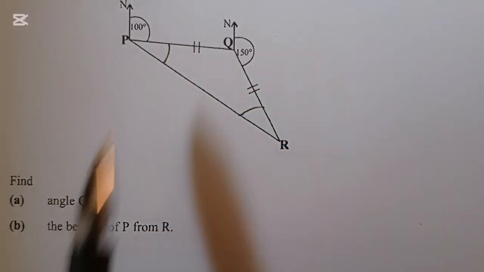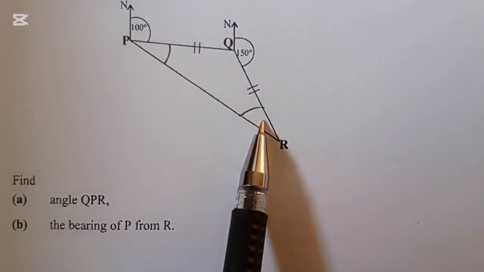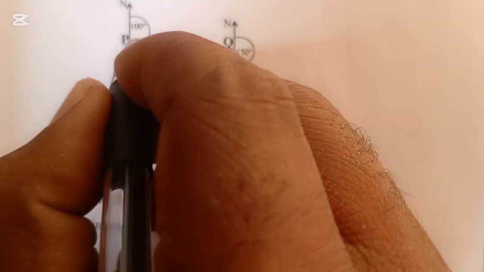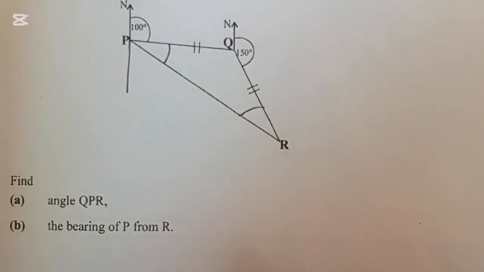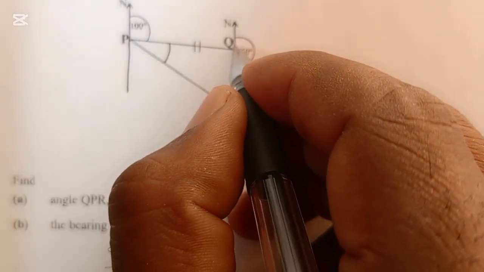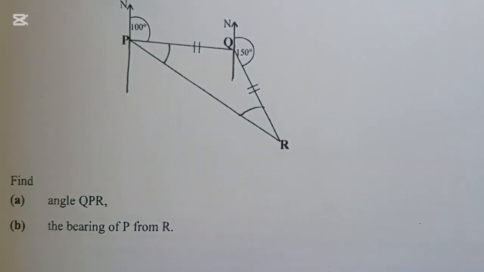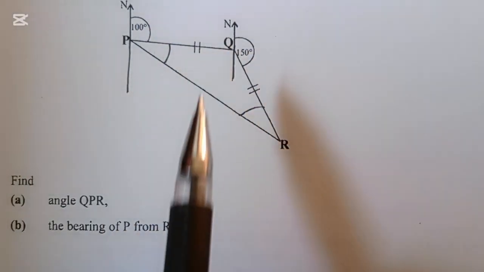So how do we find this angle? Remember that this angle is equal to this angle. So this is how we are going to do it. When I extend this line here, and I extend this line here, this is a true north and this is a true north.